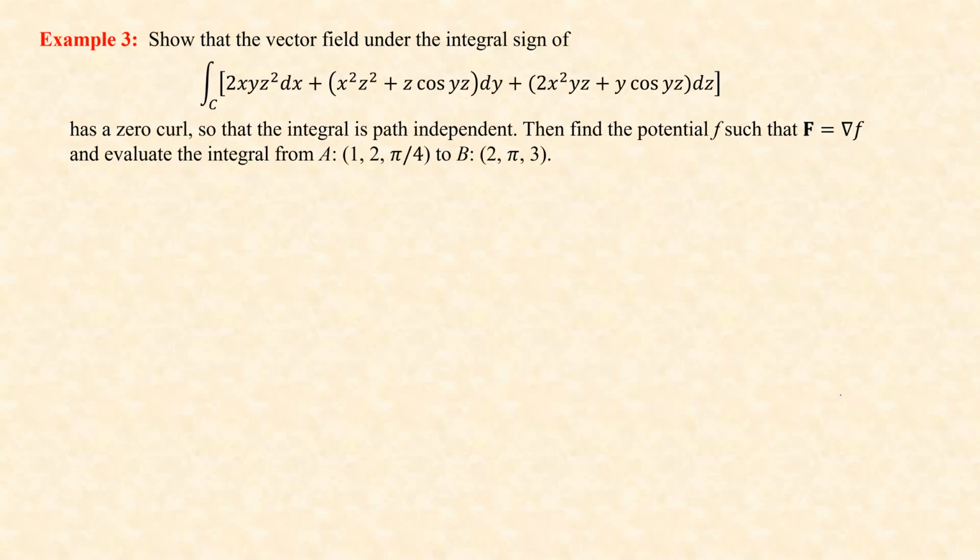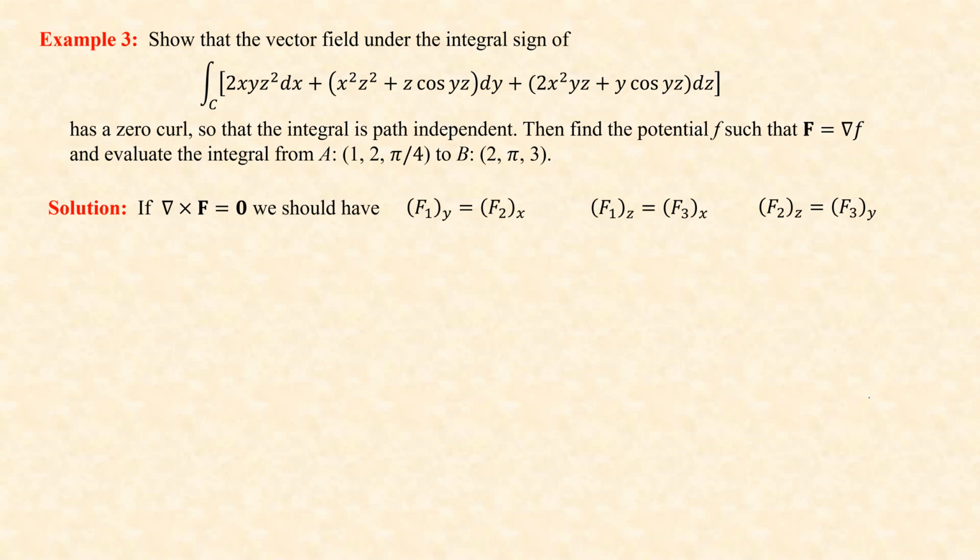All right. This is another more complicated case. Again, we do the same thing. Let me read the problem. Show that the vector field under the integral sign has a 0 curl, so that the integral is path independent.